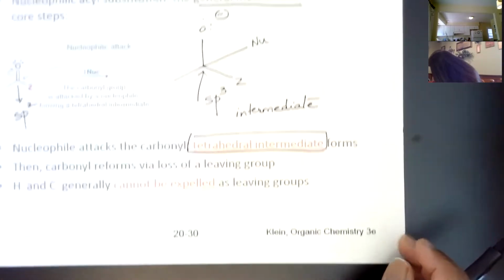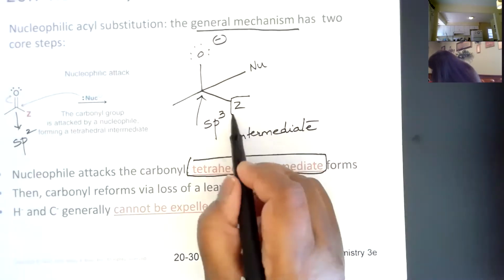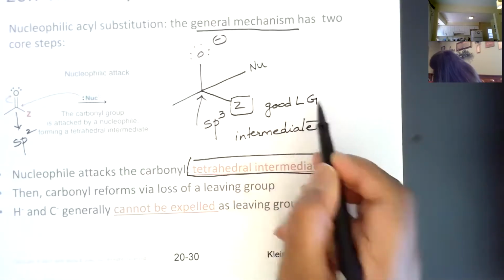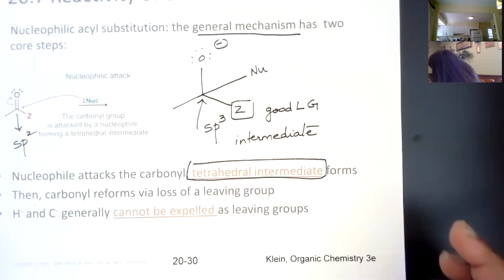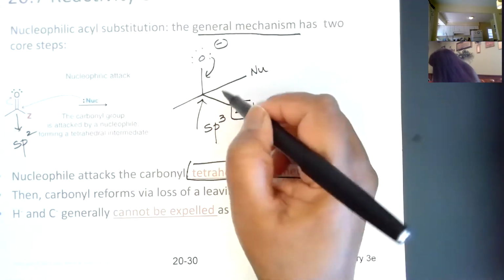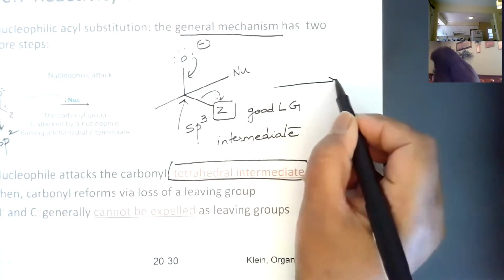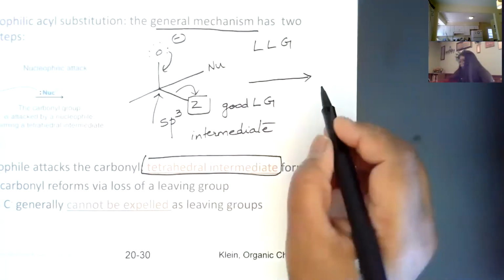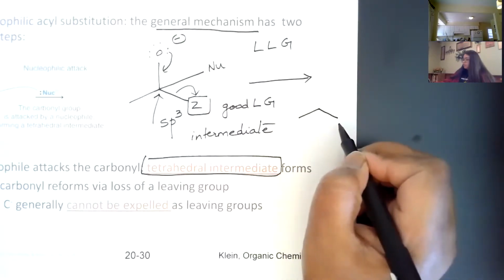Now the carbonyl is reformed, but then this guy should be a good leaving group. That's another reason why these halides are good for these reactions, because they are good leaving groups. So then you get your structure back.